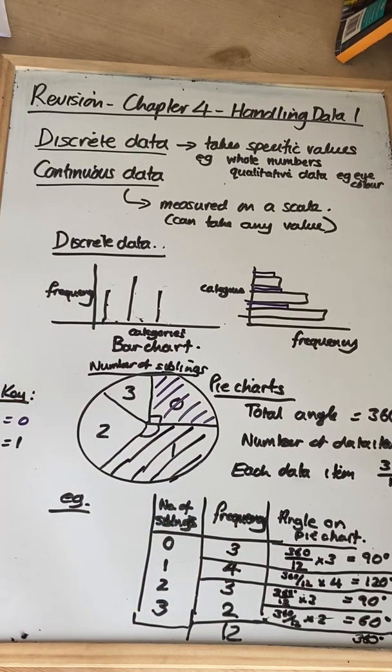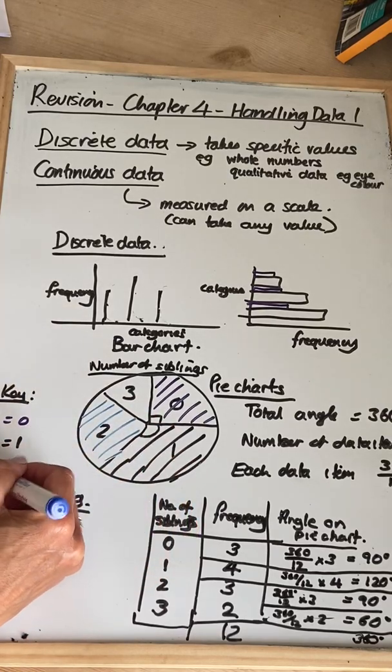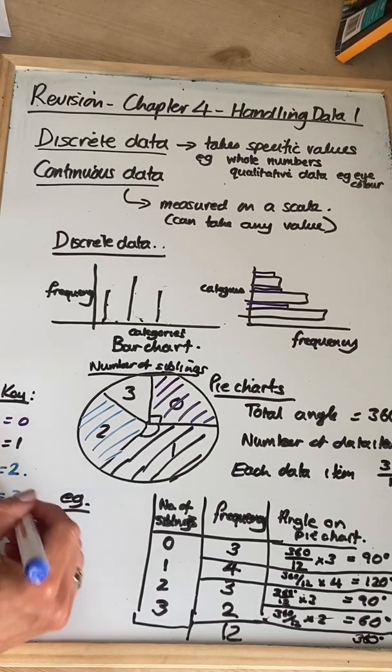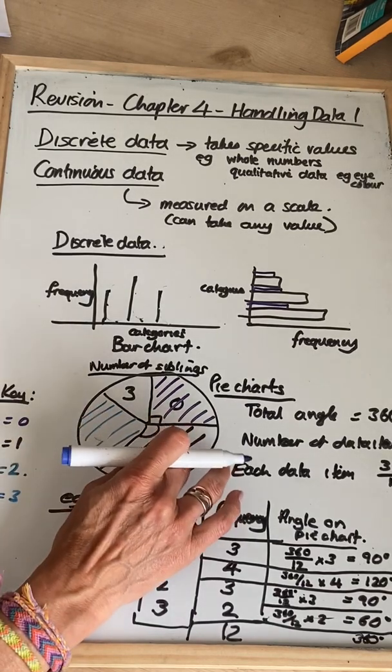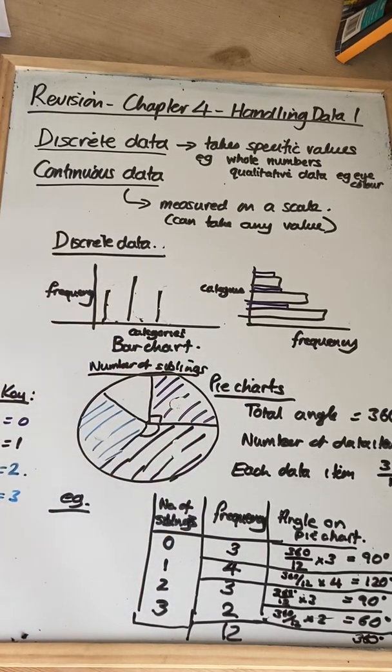I've got a blue pen, so I'll do a blue. Blue means 2 siblings. And then I'll just do a sort of an empty box to indicate that no colour in at all means 3 siblings. So in that case, I wouldn't need to have the numbers written in because I've got my colours doing the job for me.